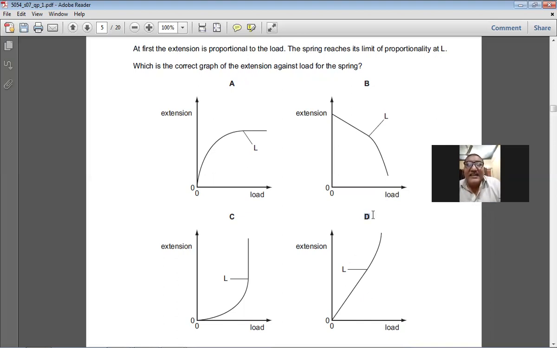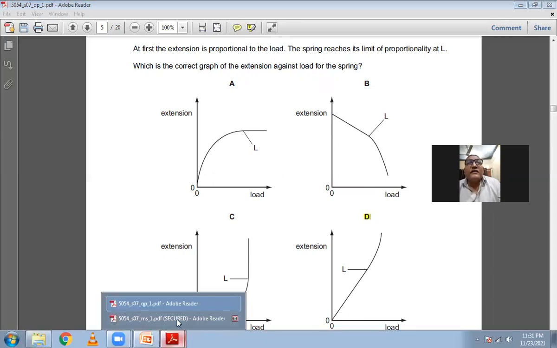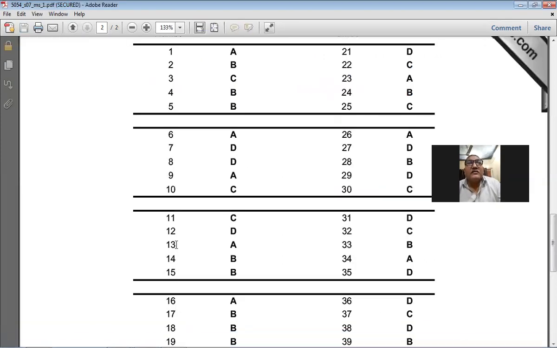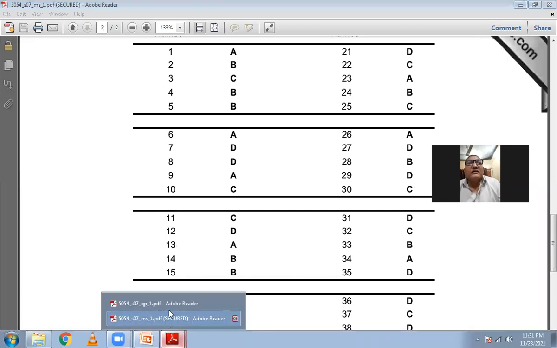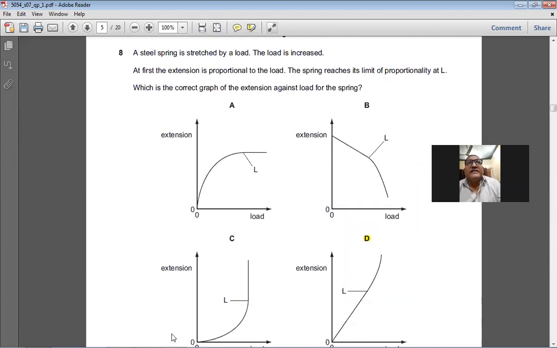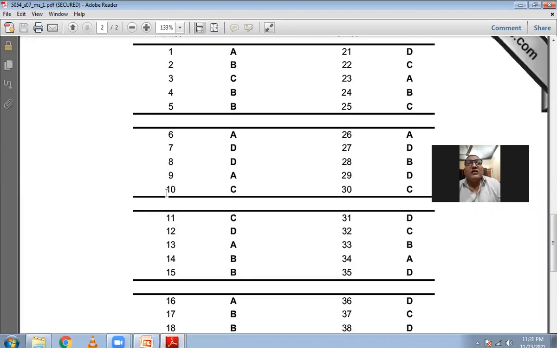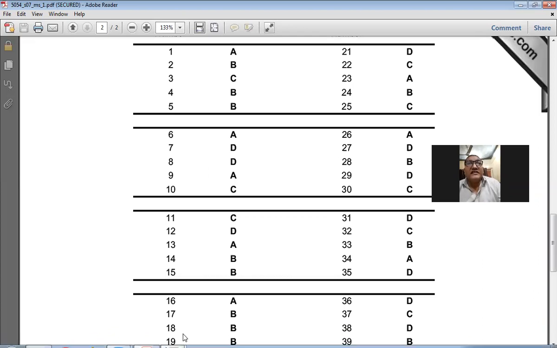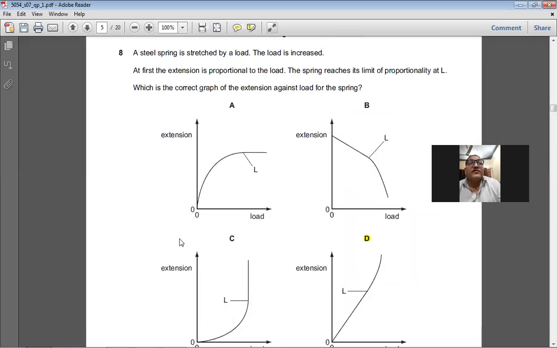So I think D is the best option, sir. Let's check. Question number 8, D is the right option. Yes, D is the right option, sir.